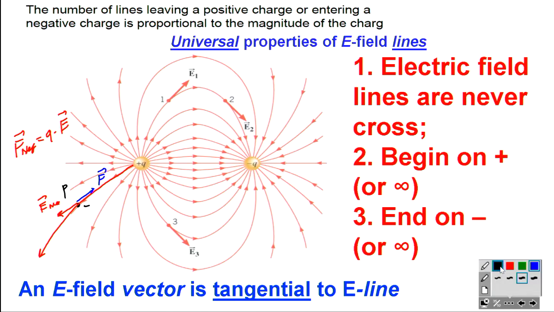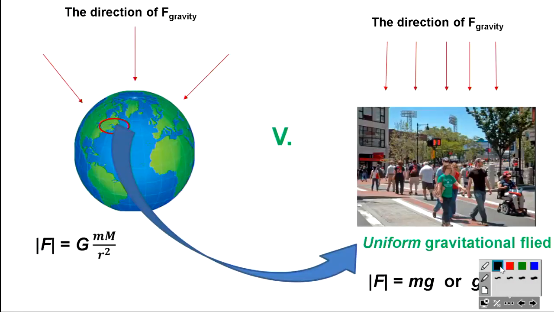This arrow now represents the force which will act on a negative charge placed here. That's it. That is why electric field lines are convenient. If we know how to draw them, we can figure out a lot of information about forces acting on charges.